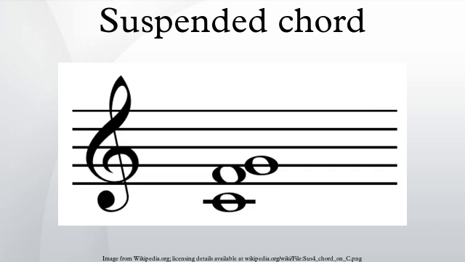Although the suspended fourth is not always resolved down to a third, the note is still not usually notated as an 11th because of the chord's function as a cadence point. On guitar.